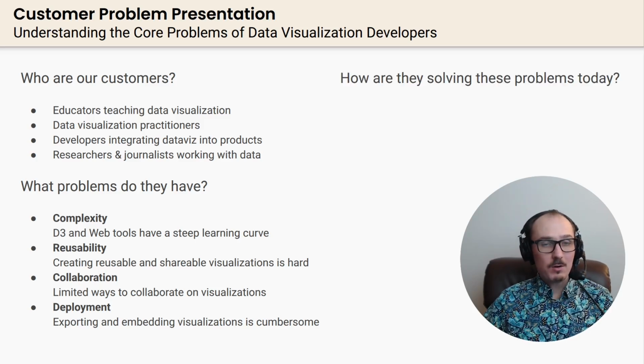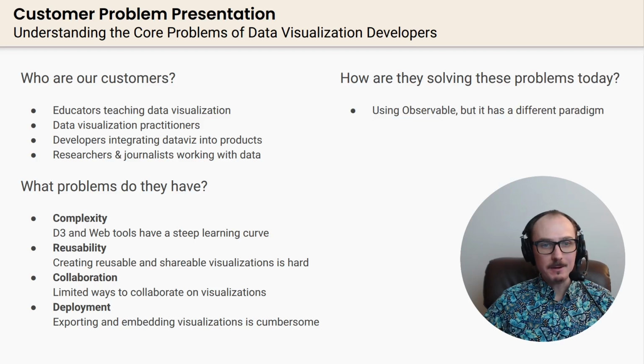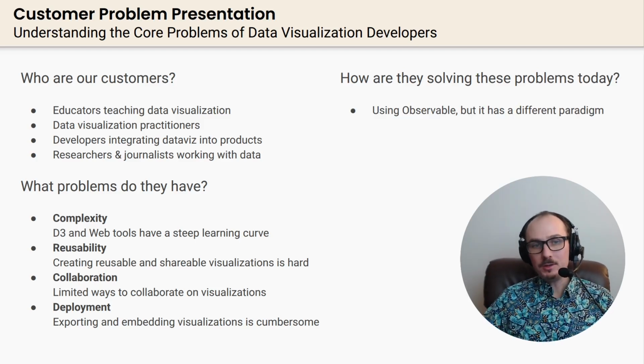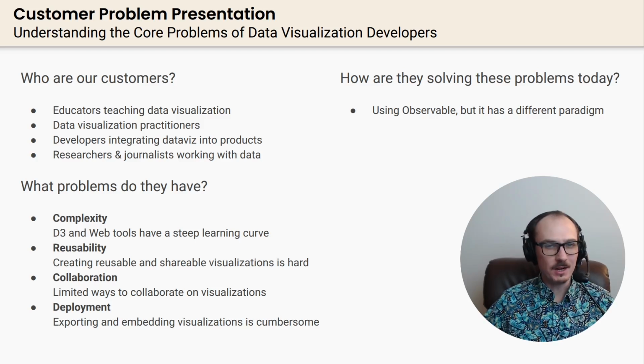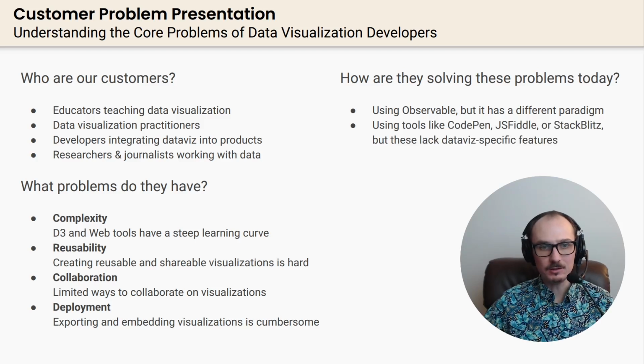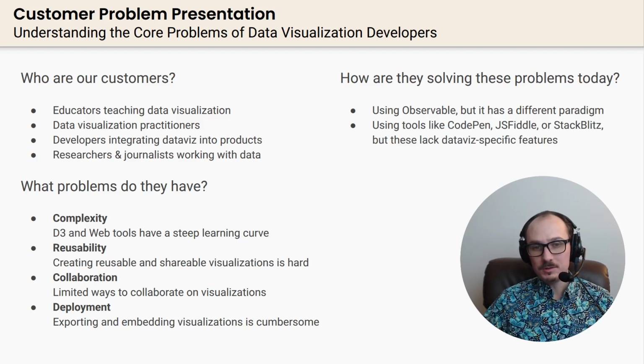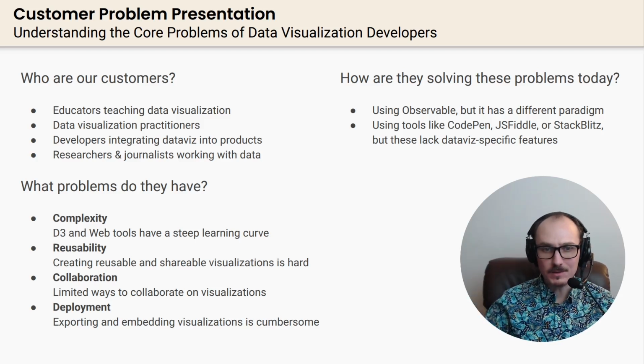So how are people solving these problems today? A lot of people use Observable, but it has a whole different paradigm where it's not JavaScript. It's like Observable JavaScript, and you can't really edit outside of their tool. Also, tools like CodePen, JSFiddle, StackBlitz, and things in that same vein.